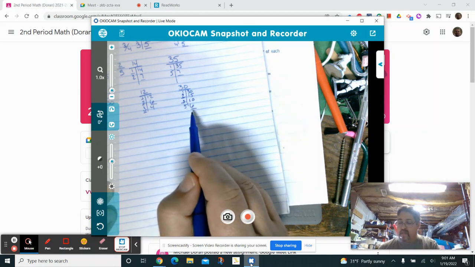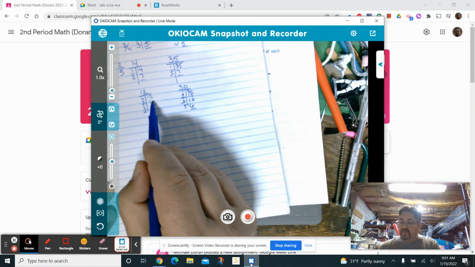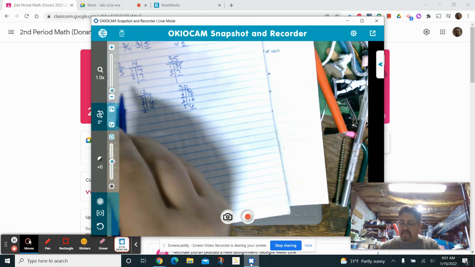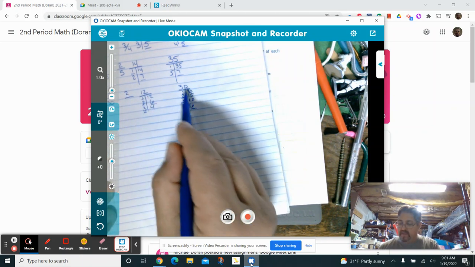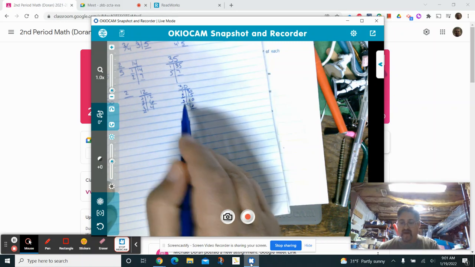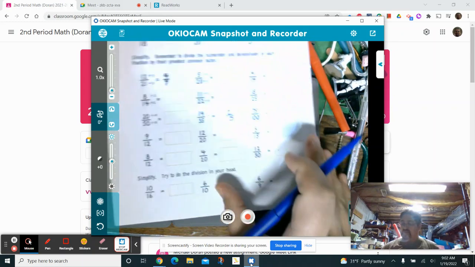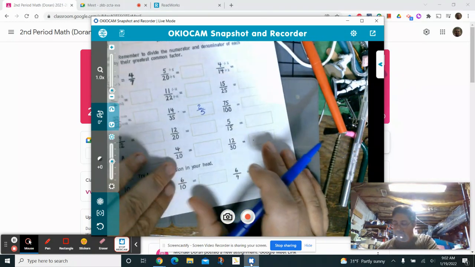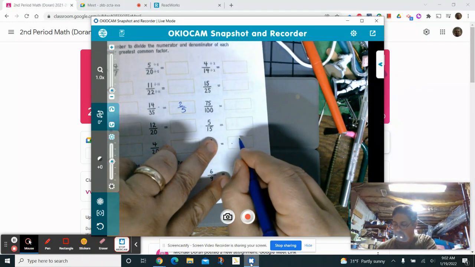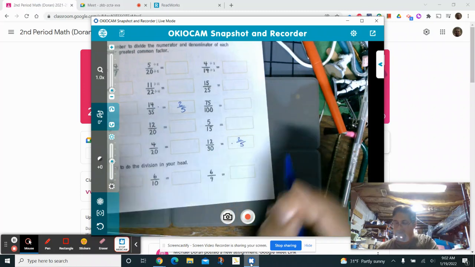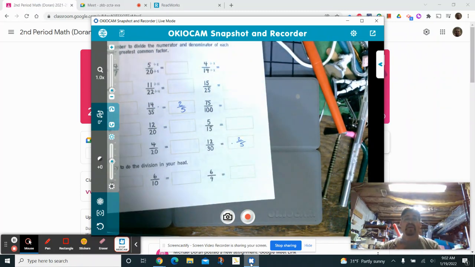So 6 is our greatest common factor. So right across from the 6 on the 12 side is 2. And on 30, 6 times 5. So our reduced fraction is 2/5 once again. That was kind of weird. The last two we did are both 2/5.